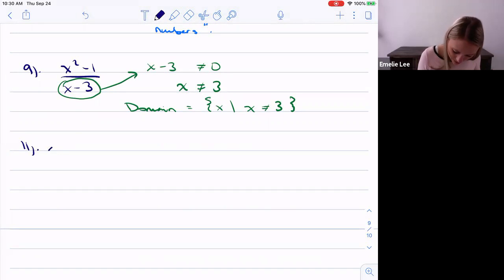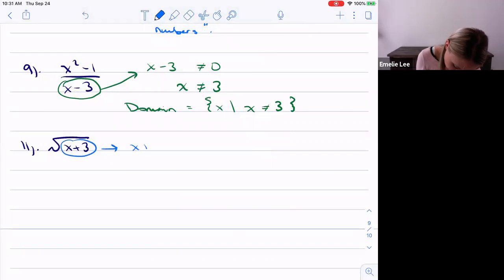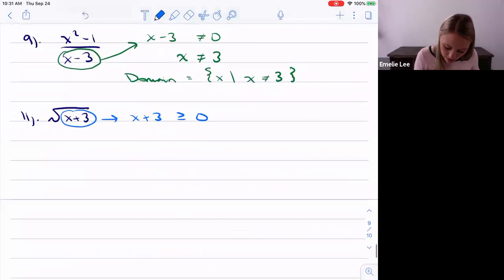It's allowed to equal 0 because it's just the root on its own. So then x must be greater than or equal to -3.